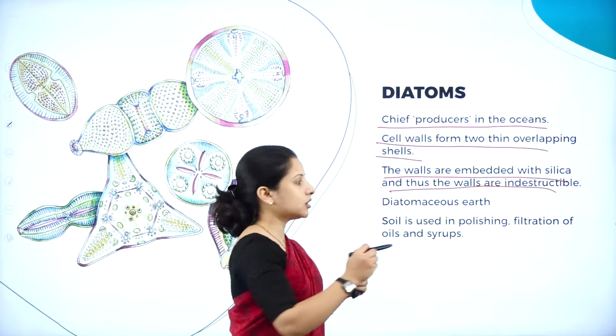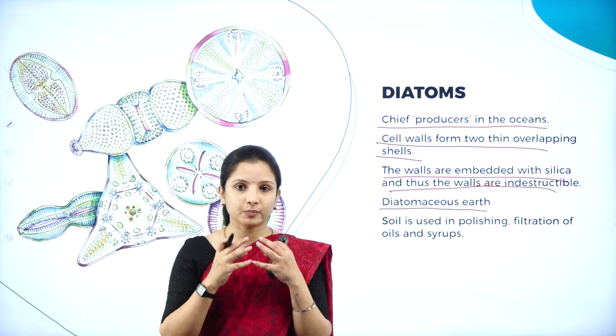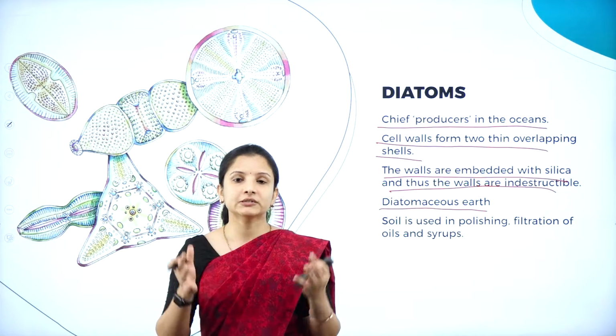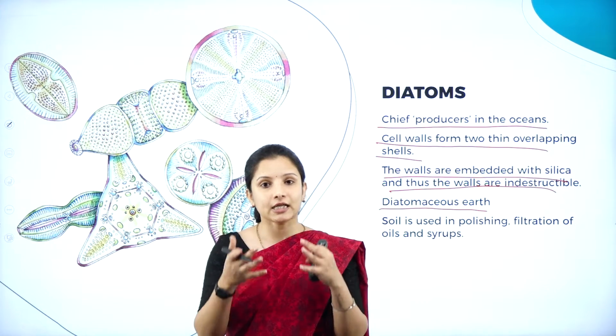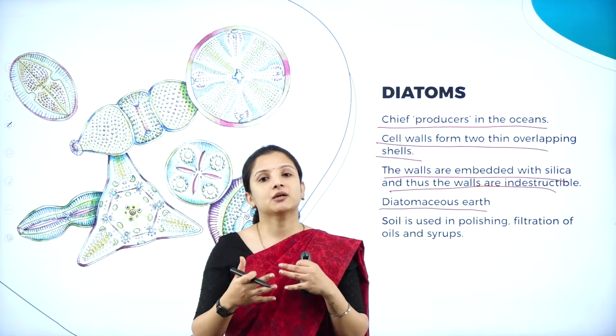And there is one more term called diatomaceous earth. Since the diatom is covered by silica which cannot be destroyed, over millions of years this silica got deposited in the earth, in the oceans. Therefore, it is called diatomaceous earth.